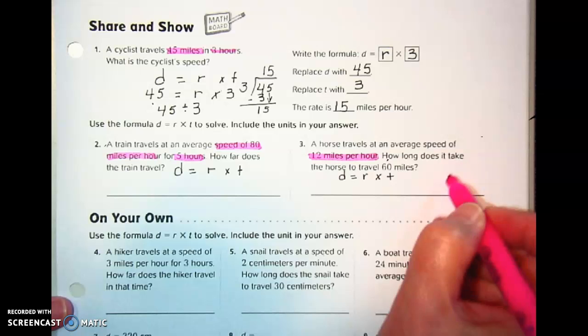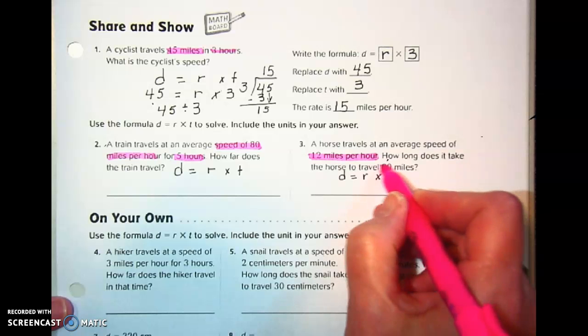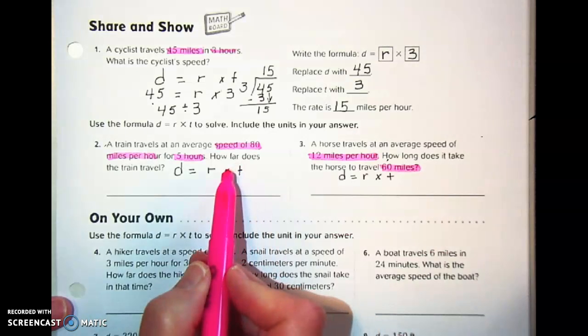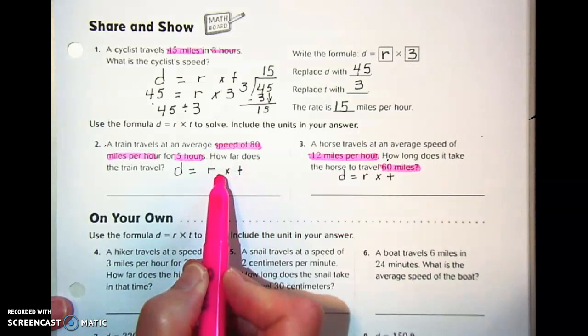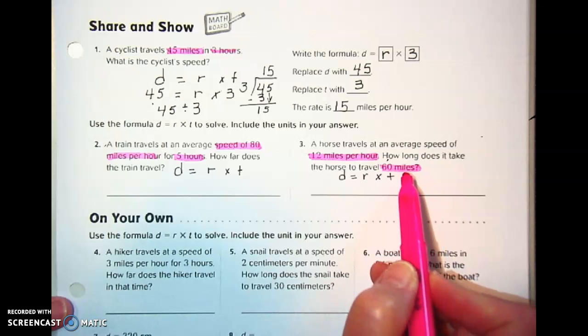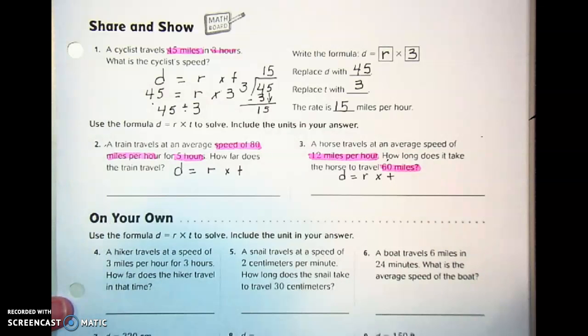How long does it take the horse to travel 60 miles? So we know the distance. So in this one, you're going to be able to multiply your two numbers. In this one, you're going to have to divide. So go ahead and stop your recording. Do number 2, and then I'll come back. Start your recording again, and we will come back and go through it.